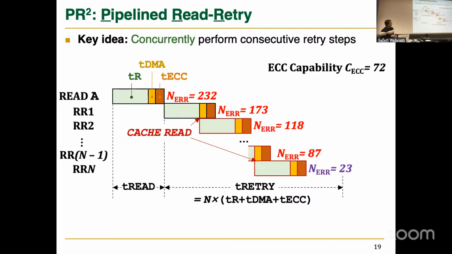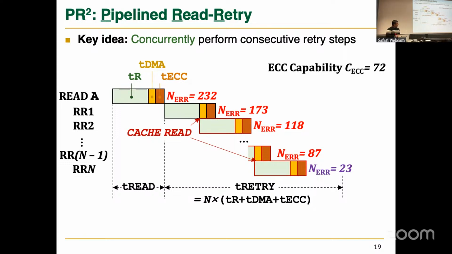So what we are doing here is performing sequential reads of the same page using cache read. While the DMA and the ECC are going on, you start the next tR, which is the read operation, using cache read.